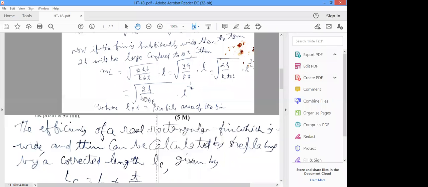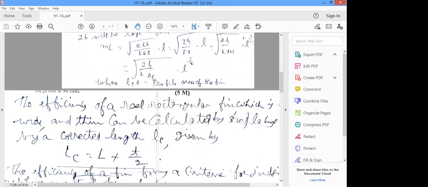Why are we changing it? Because what is the profile area of the pin? The product of the length of the pin and the thickness of the pin is known as the profile area of the pin.